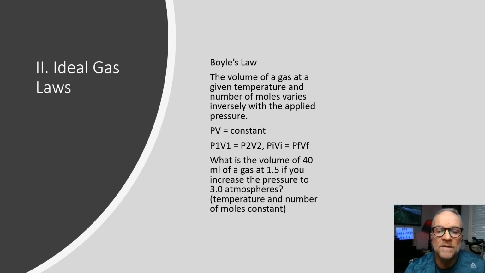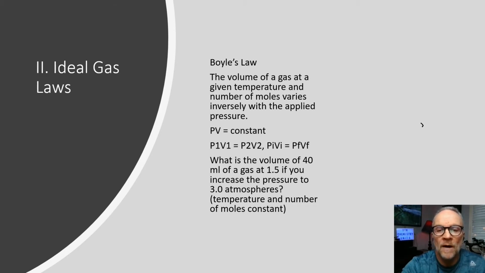Okay, so here's our example. What is the volume of 40 milliliters of gas at 1.5 atmospheres if you increase the pressure to 3 atmospheres, temperature and number of moles being constant? So let's work that one out. I always think it's helpful to write down your variables as you go.